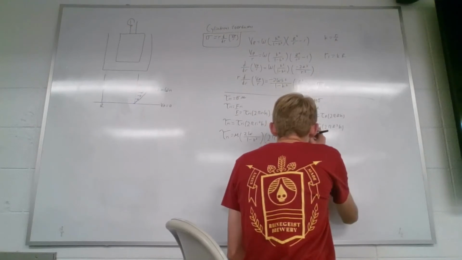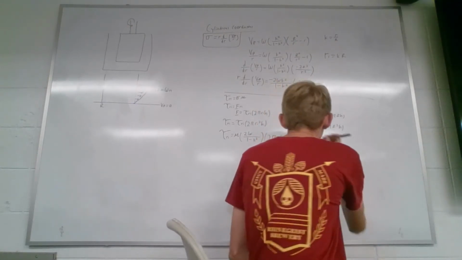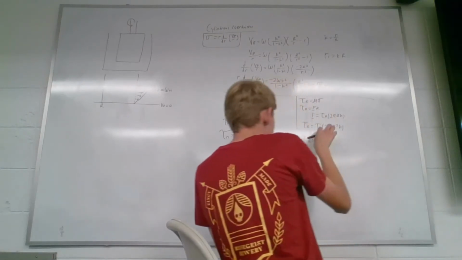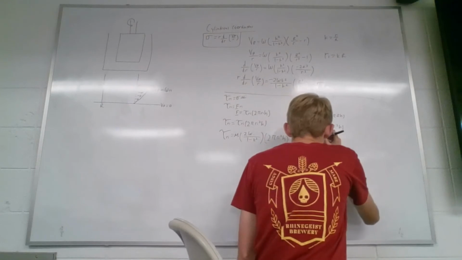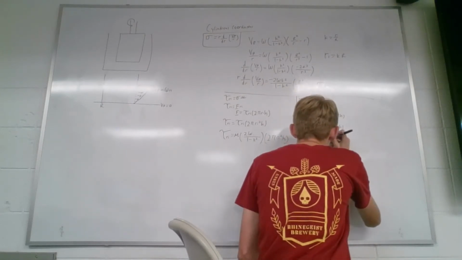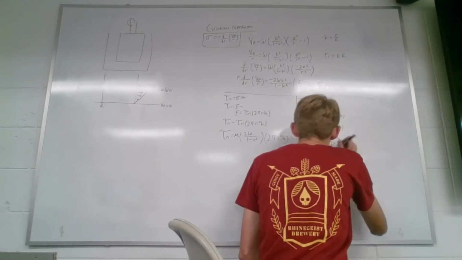So our torque of the outer radius is going to be, so we're going to substitute this back in, so it's going to be our viscosity times 2 times the angular frequency minus k squared.